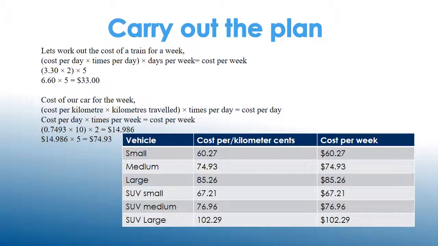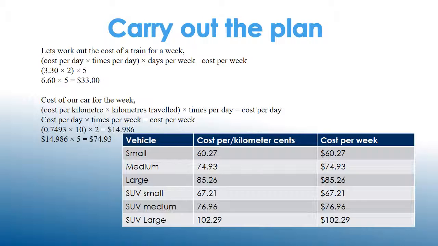To work out the cost of our medium-sized car per week, we do cost per kilometre by kilometres travelled times that per day equals cost per day. So cost per day is 0.7493 times that by 10 times that by 2 is 14.986 or $15.